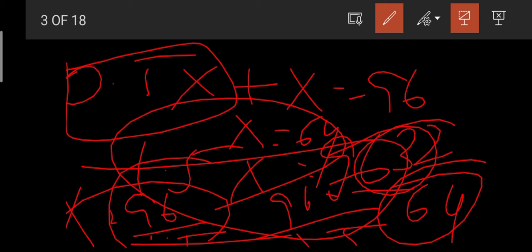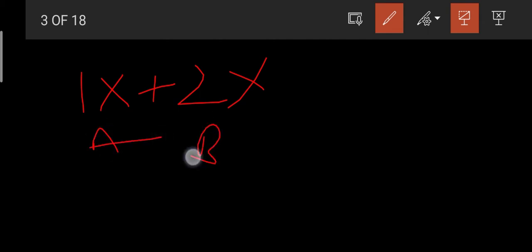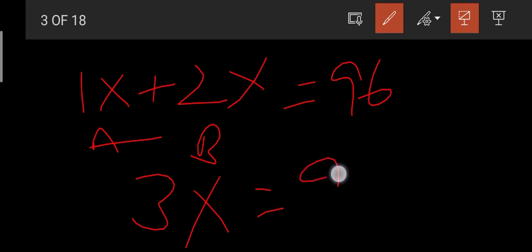In our bank exams the time is very precious, so we should answer the questions with accuracy and within a short span of time, isn't that so? What is the other model we can go for? Do not go for decimals when you have natural numbers. 1x plus 2x, here also a is half of b, equal to 96. Then 3x equal to 96.